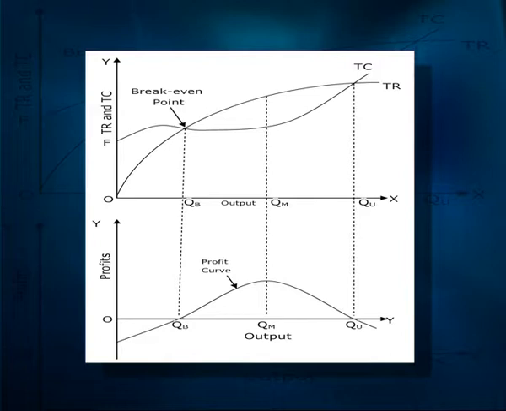It is therefore clear that at QM level of output, where total revenue exceeds total cost by the largest amount, the firm's profits are maximum. It will be observed from image 1.3 that at output level QU, total revenue is again equal to total cost.